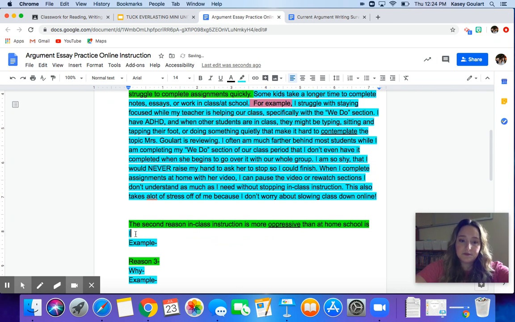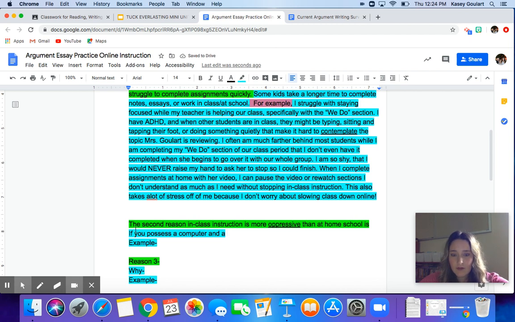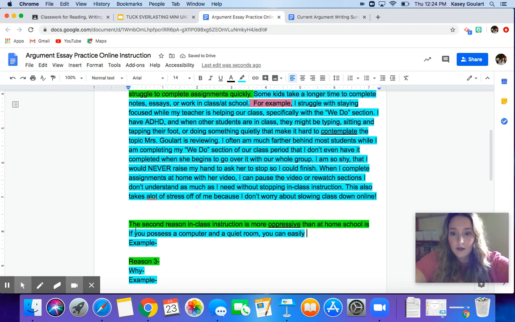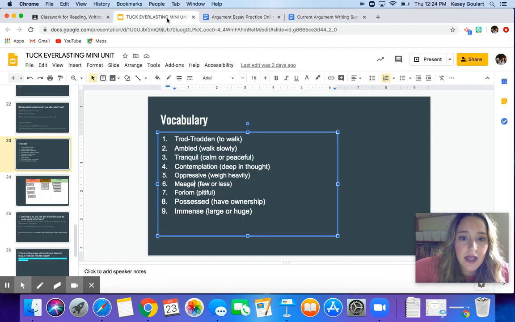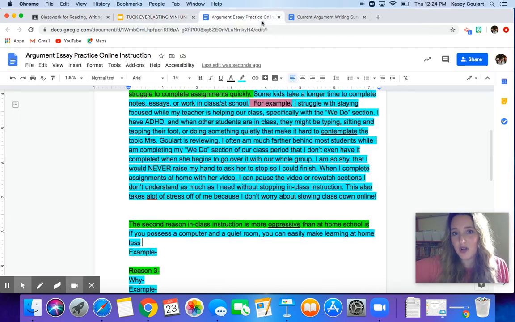We'll say, if you possess a computer and a quiet room, you can easily make learning at home less, let's use another word, less more tranquil. Ooh. More tranquil.